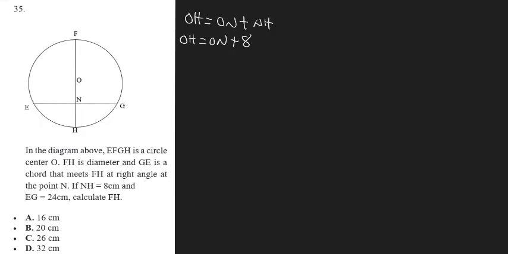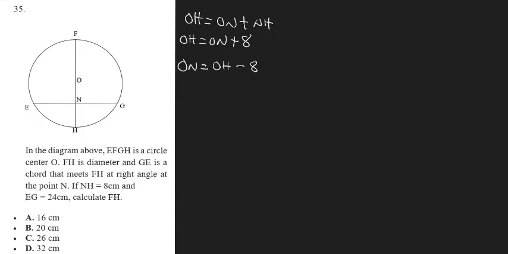Now, let's make ON the subject of the formula. This 8 will move to this side and it's going to be minus 8. So rearranging it, ON is equal to OH minus 8. So we've successfully made ON the subject of the formula.